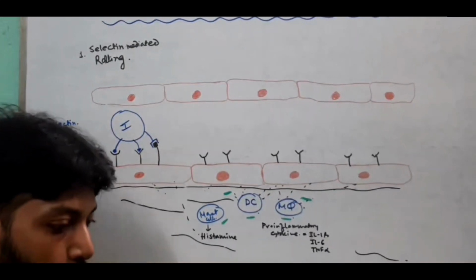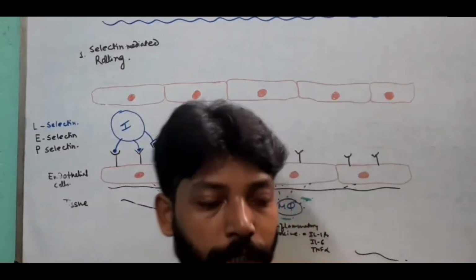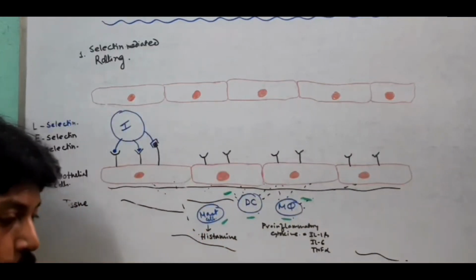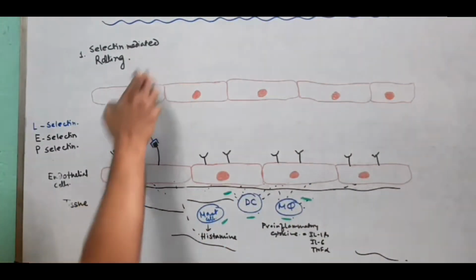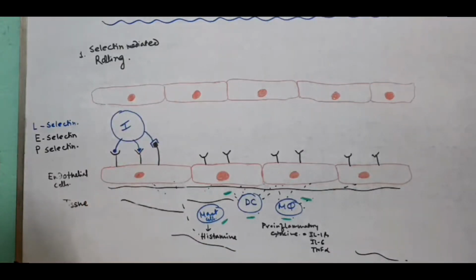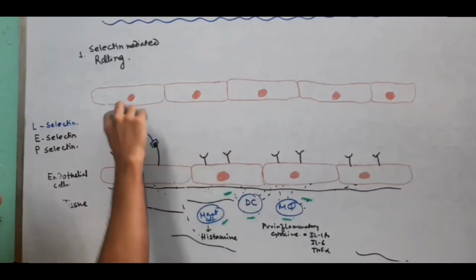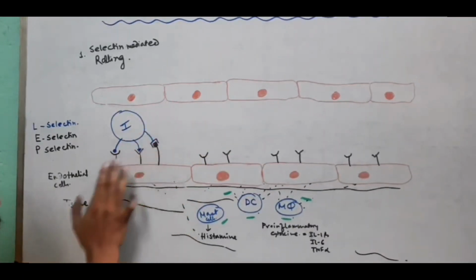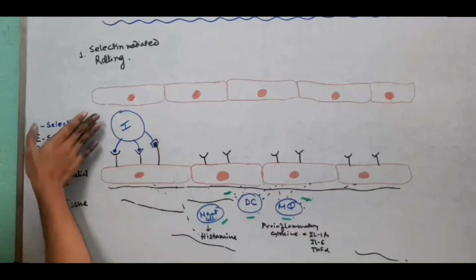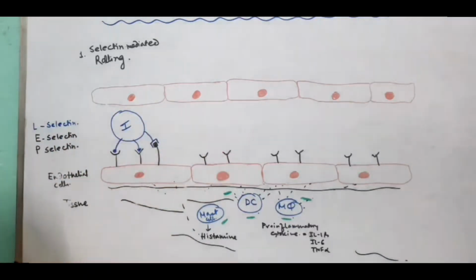But one thing I want to mention: the binding between the selectin and the ligand molecule is not very high affinity, it is very low. Because the affinity is low, mere blood flow can detach these immune cells. So at first the immune cell binds with this molecule, but when the blood flows, the immune cell detaches, so there is attachment and detachment.